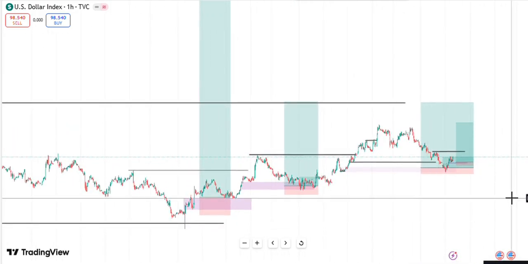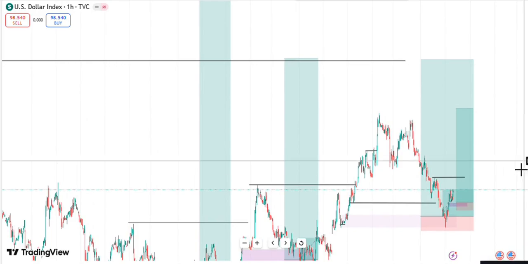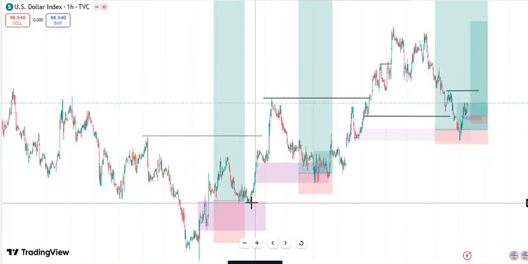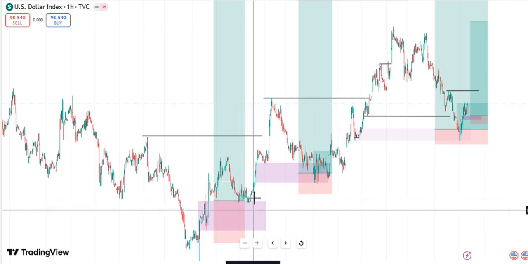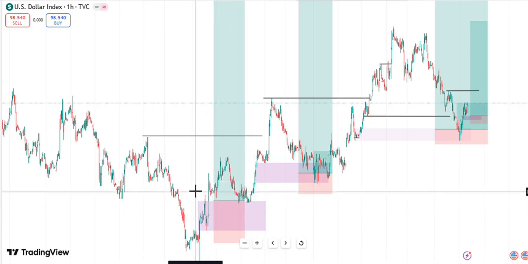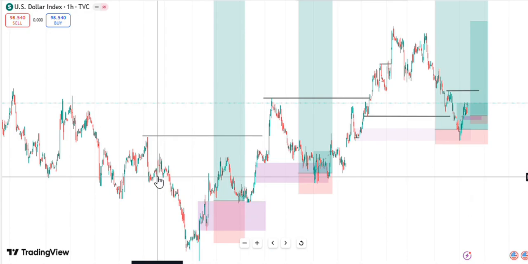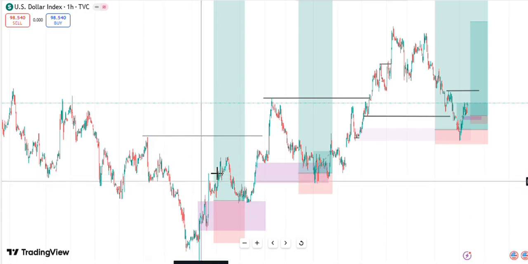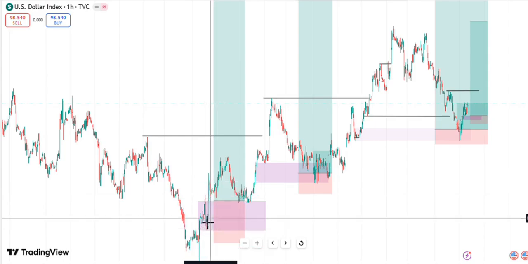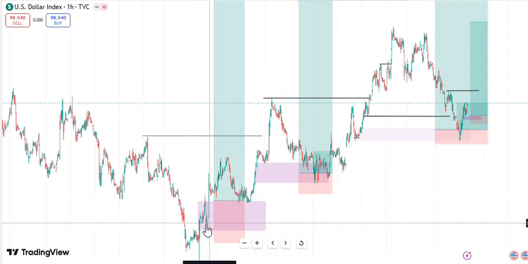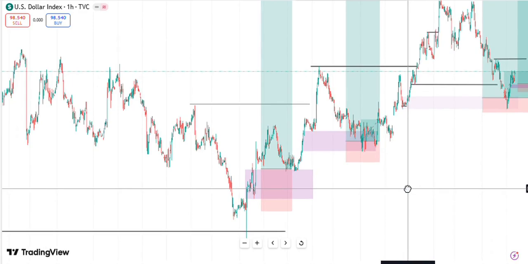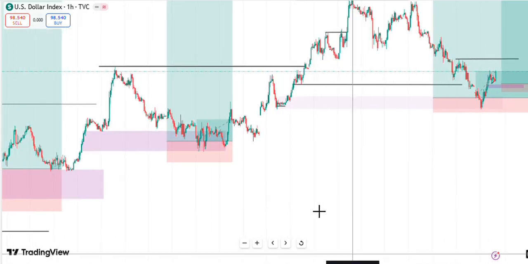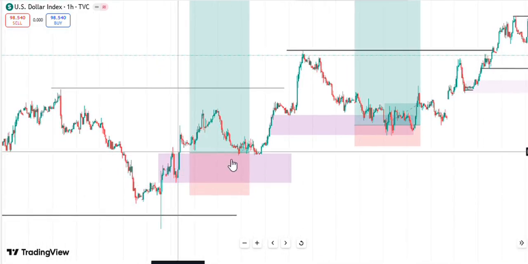I have been bullish on this pair, and you can see I speculated it from right here, since it broke this little high, retested it, and had much momentum. Mind you, there's something that most traders usually have issues with, and that is order block selection.